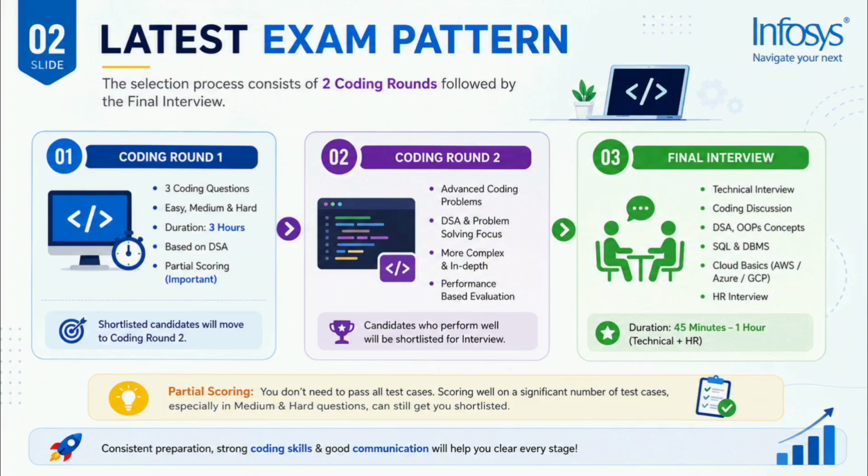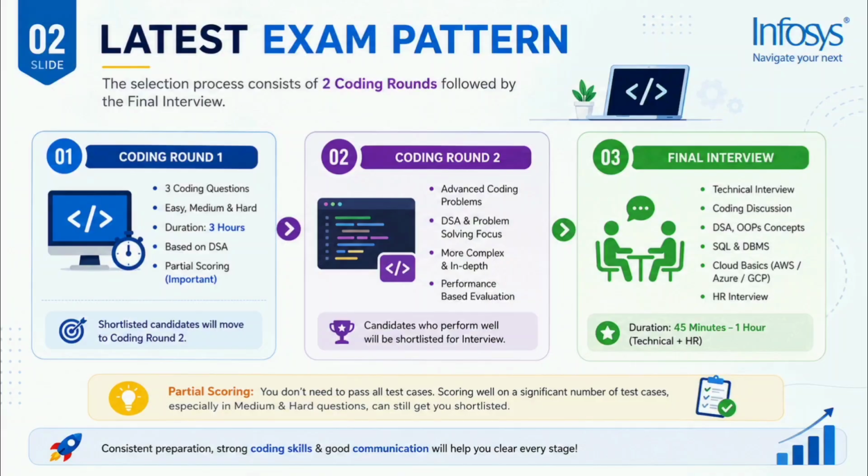For example, in the medium coding question, if you solve 5 test cases out of 10, then you will score much more than the one who doesn't pass any test cases. In the hard question, if you solve even one test case, it will increase your score. So don't panic. If you can't optimize every solution perfectly, don't panic. Each and every test case matters, okay?